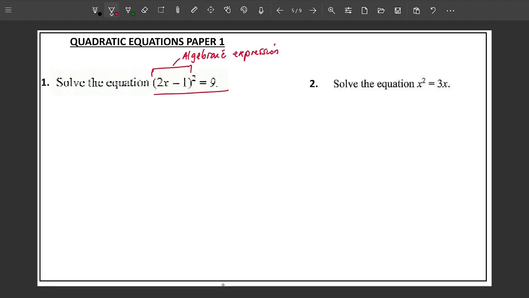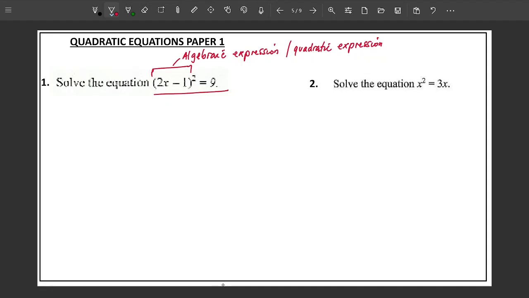It can be an algebraic expression, or it can also be a quadratic expression. That word expression just simply means a statement. So once we have an equal sign involved, it changes from being an algebraic expression to an equation.